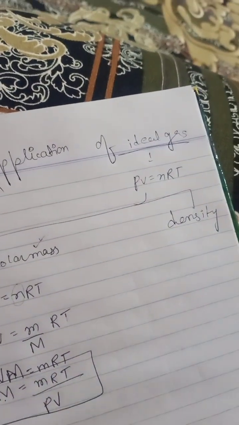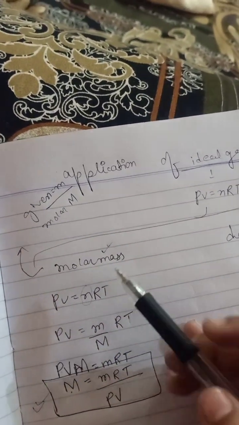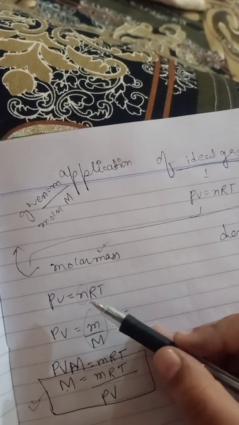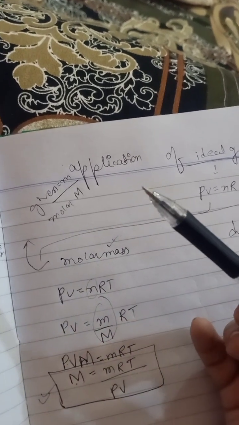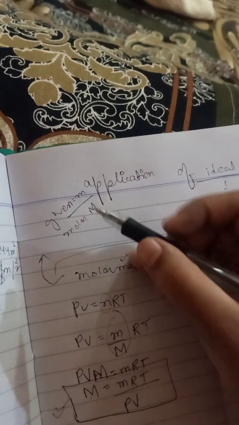Here you can see that we have put in m upon M because, as you all know, number of moles is equal to given mass upon molar mass.